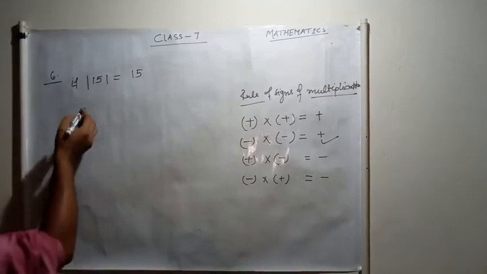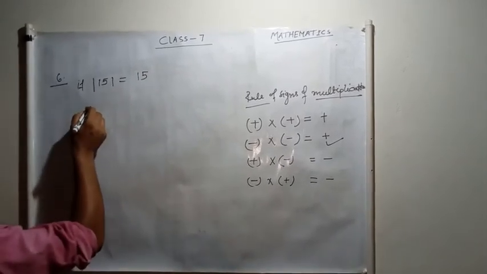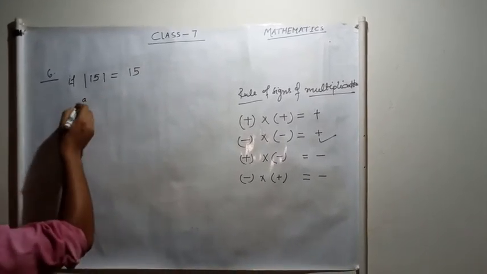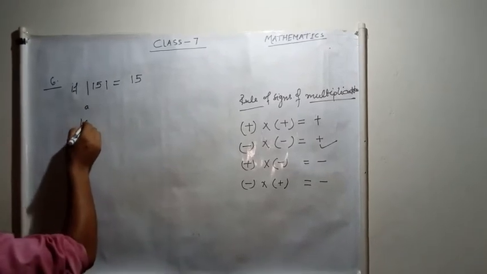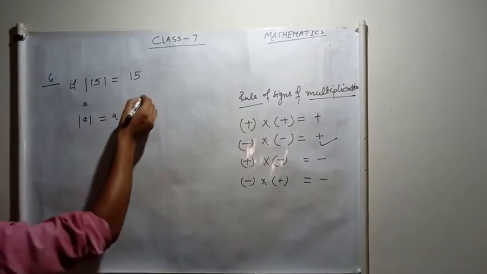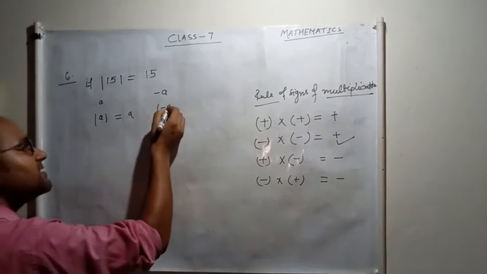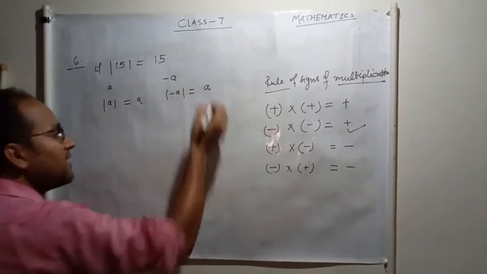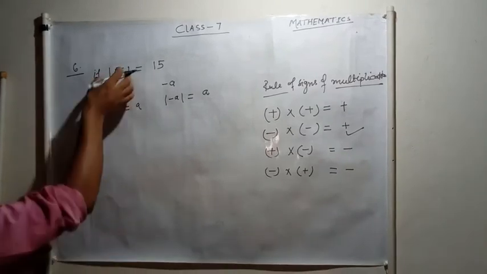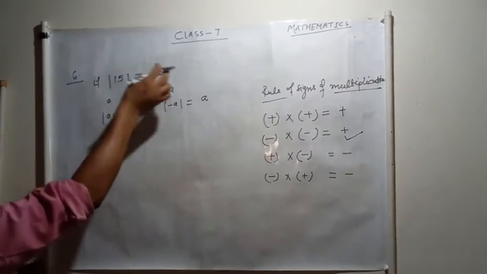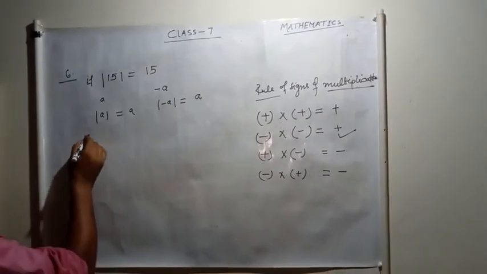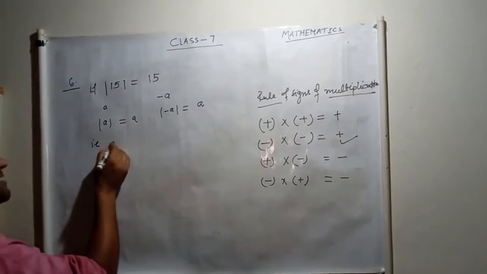You know that the absolute value of a, where a is any positive integer, is a. And if we take minus a, the absolute value of minus a is also a. So can you guess what is the other integer whose value is equivalent to 15? That is minus 15.